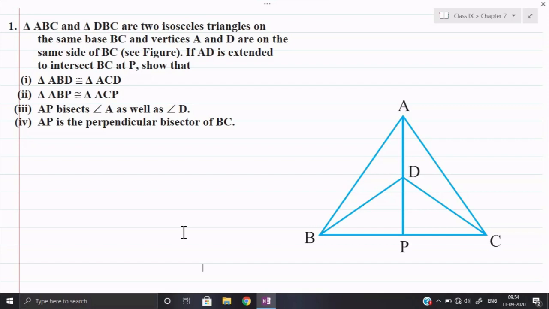First of all, we shall write down the given information in the question.